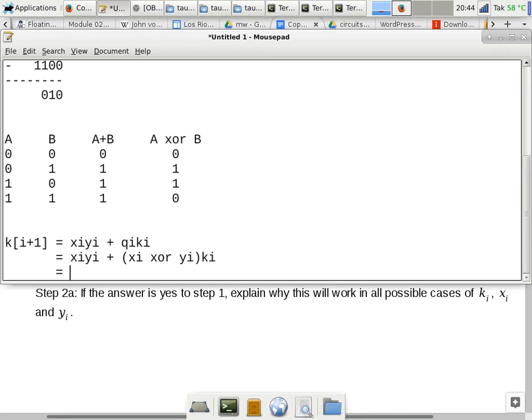Now we can argue, right? If xi, yi is a 1, under what situation is it a 1? When they're both 1s, right? Because xi, yi is the conjunction between xi and yi. So in order for that conjunction to be true, xi has to be a 1 and yi has to be a 1. If xi is a 1 and yi is a 1, what happens to the exclusive OR between those two?